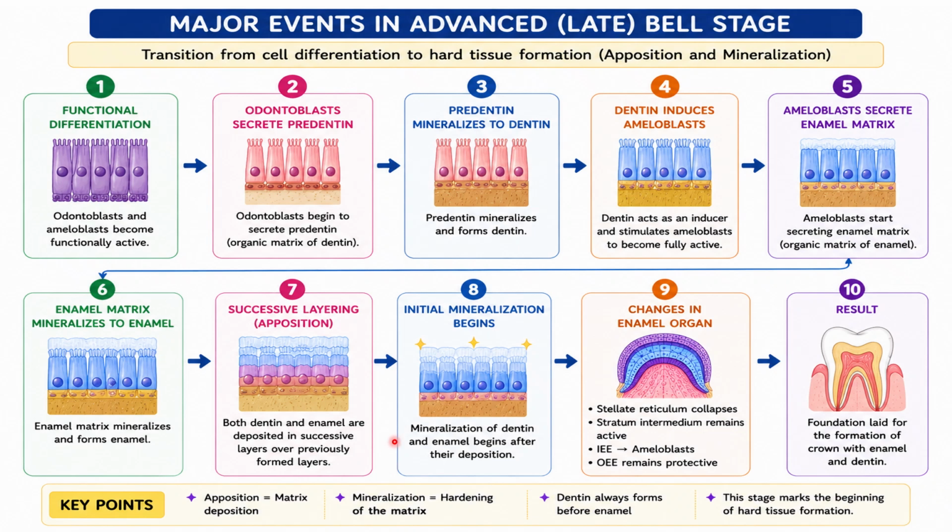Then comes mineralization of dentin and enamel, which begins after their deposition. The changes seen in the enamel organ are: the stellate reticulum collapses, the stratum intermedium remains active, the inner enamel epithelium forms ameloblasts, and the outer enamel epithelium remains protective. So the result is that the foundation is laid for the formation of the crown with enamel and dentin.